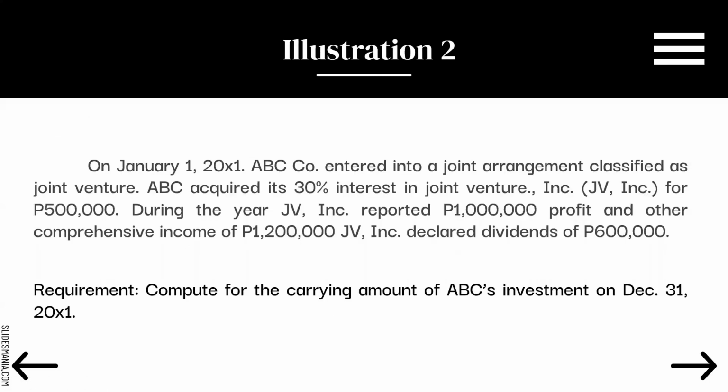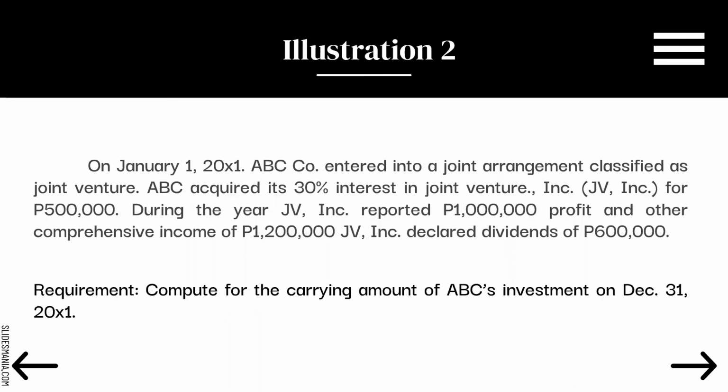So let's go to illustration number 2. On January 1, 20X1, ABC Company entered into a joint arrangement classified as joint venture. ABC acquired its 30% interest in JV Incorporated for 500,000. So yun yung consideration, yung 500,000.